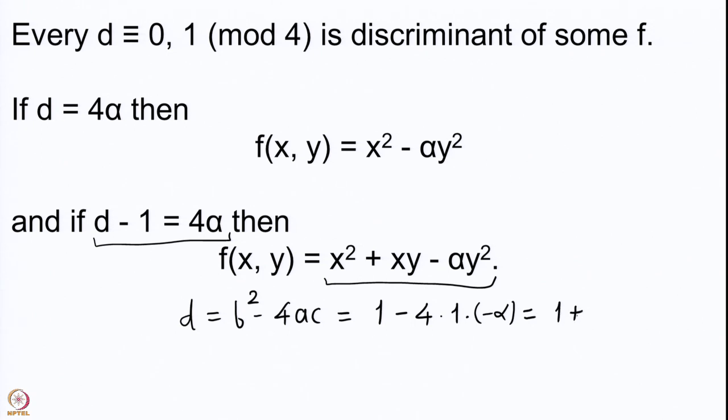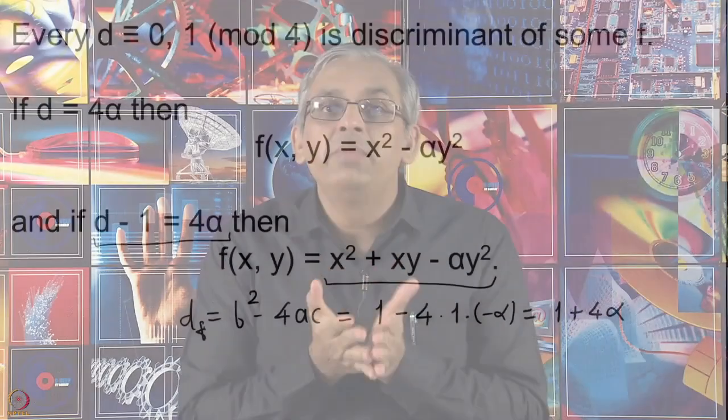So, we get this number to be 1 plus 4 alpha, which is indeed the d that we started with. So, to be more precise, here I should call this d_f for determining it as the discriminant of the form f. Okay, so, we have seen very easily that the numbers which are 0 or 1 modulo 4 will always occur as discriminants of some form.